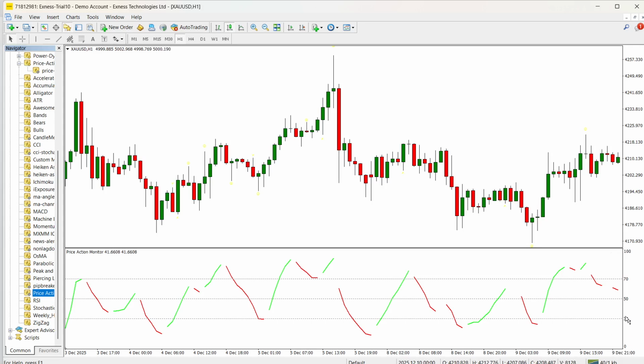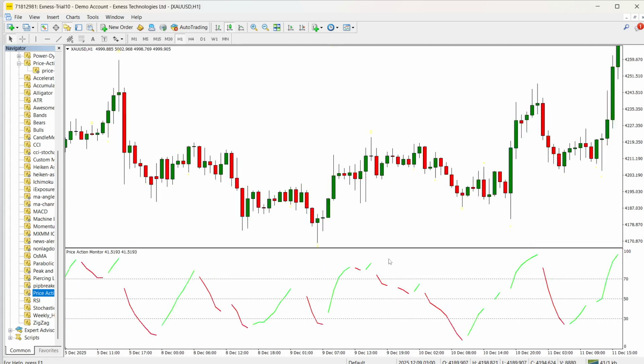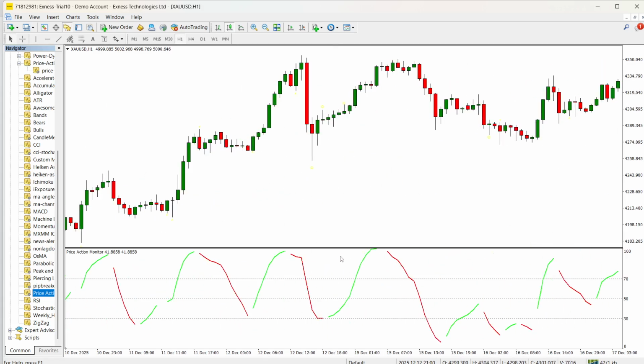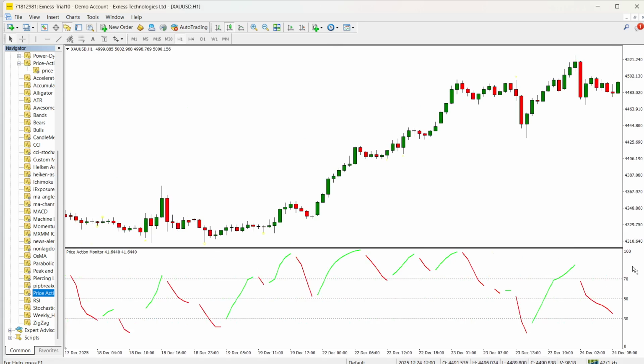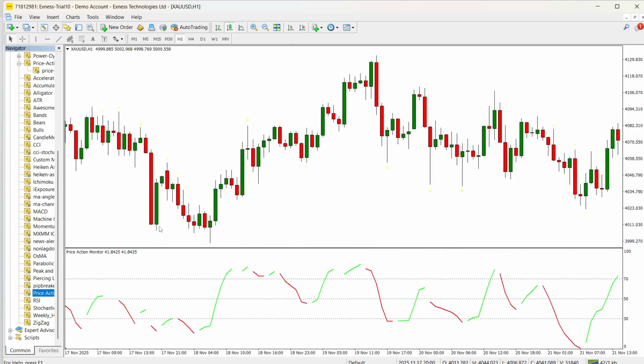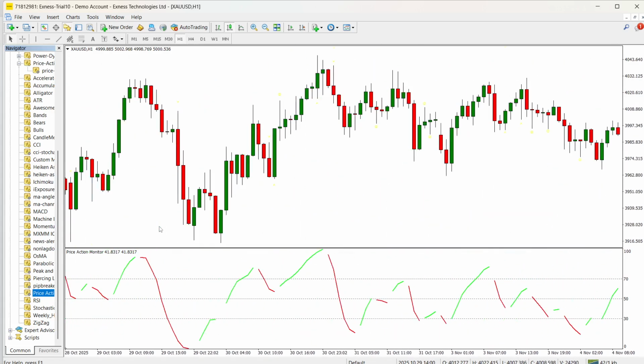And then we have sub levels of 30, 50, and 70 showing basically momentum. So it basically just summarizes the price action, the kind of moves, and what's really happened at that point, the momentum. That's what the levels are for, and all of that. So it's pretty straightforward actually if you look at it.